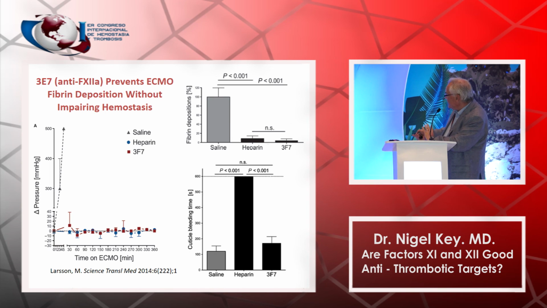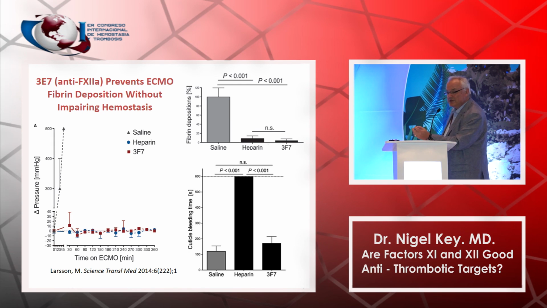I'll get into this over here, but certainly from a pressure standpoint, maintaining the pressure. And indeed, if you look at the fibrin deposition that's quantified here, this is with saline. This is where they develop a lot of fibrin in the system. This is with heparin, but we don't really know how it's working because it's a 10A and thrombin inhibitor, essentially. And this is the 12A inhibitor, the 3F7.